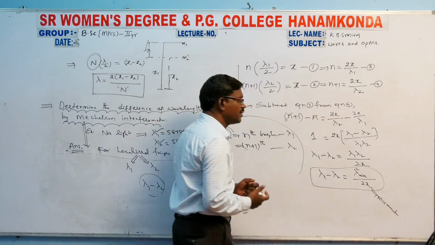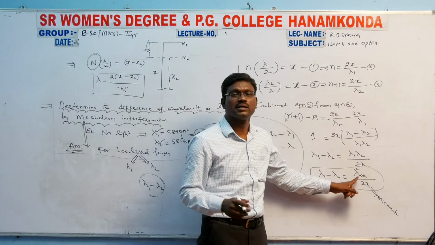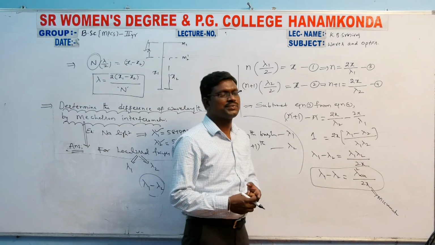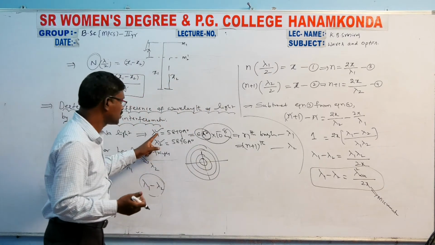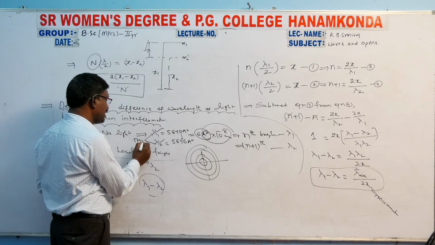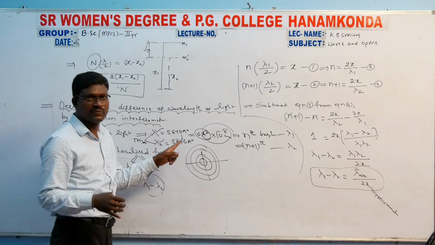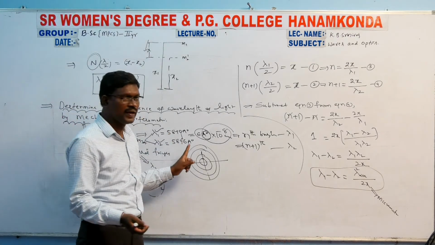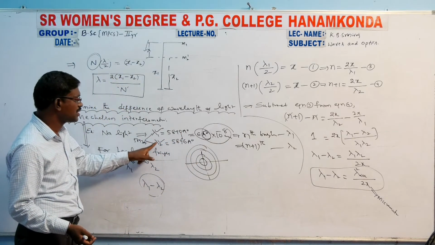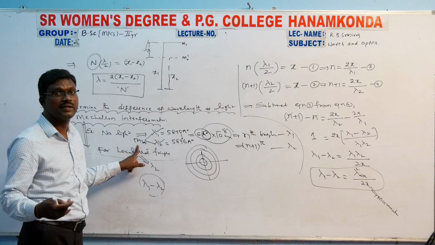arrangement in the device. If you know the resultant value of the light, what is the average value of sodium light? If I consider the example of sodium light, what is the average of these two wavelengths? That is 5893 angstrom. One wavelength is 5890, the second one is 5896. What is the average of these two wavelengths? Lambda 1 plus lambda 2 by 2, we get 5893.